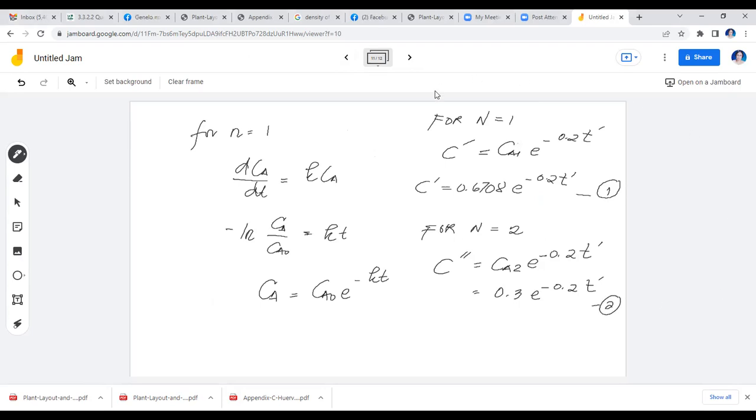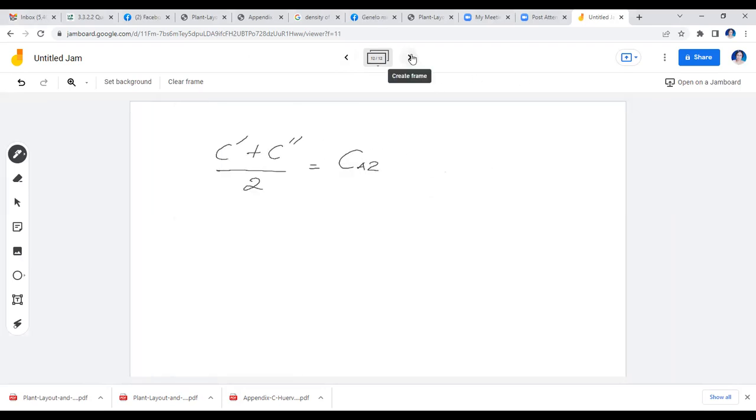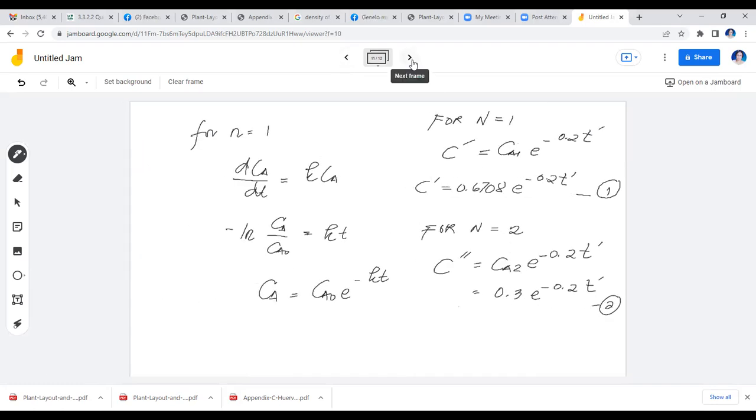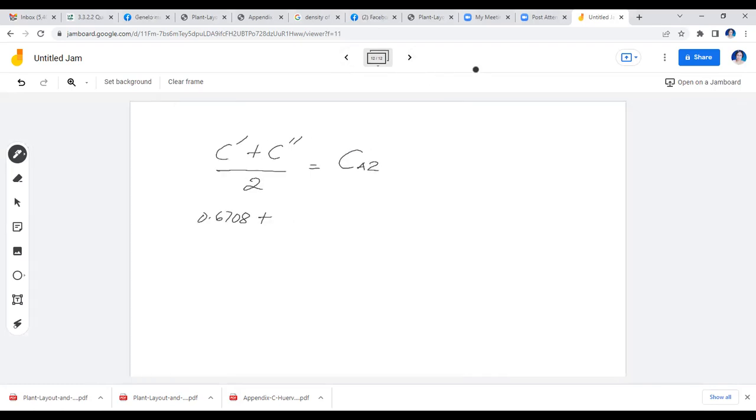So we have 0.6708. And we have here 0.3. This is multiplied to E raised to negative 0.2 T prime.